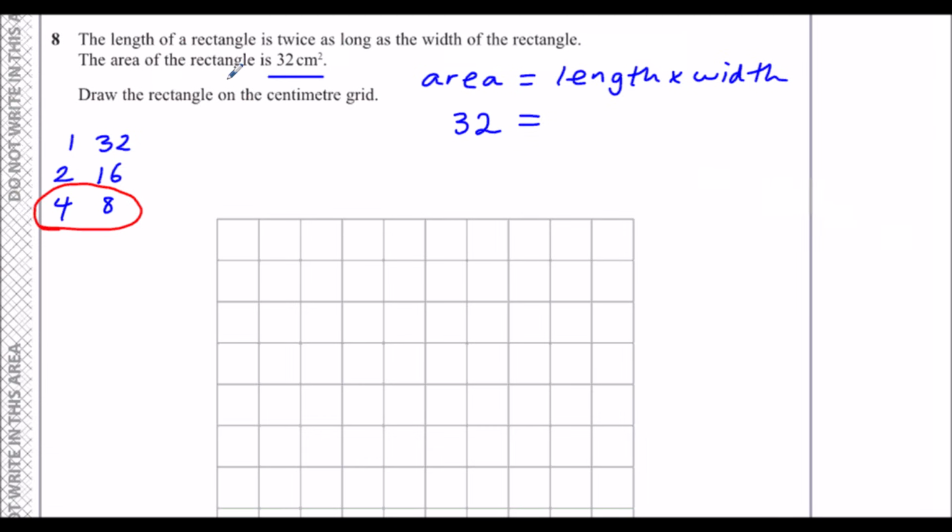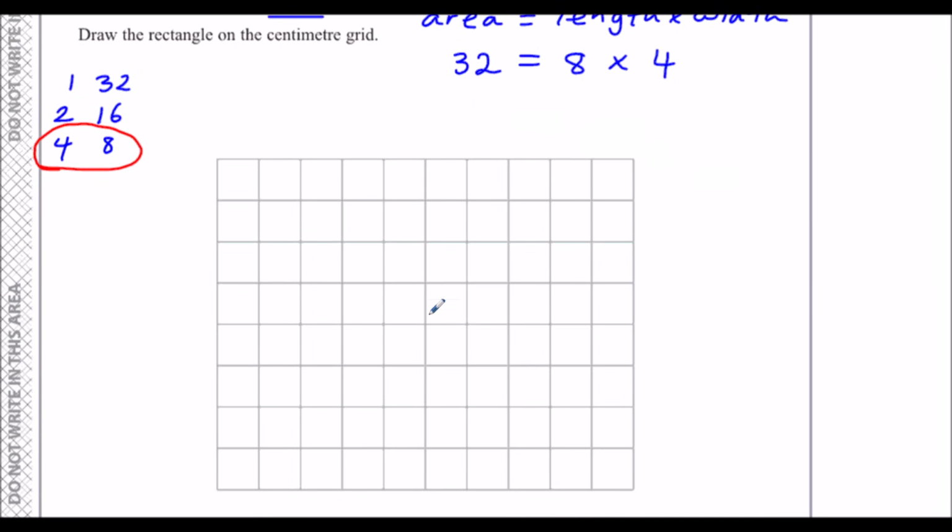It's going to have a length of 8 and a width of 4. So we need to draw a rectangle 8 along and 4 up, or 8 up and 4 along. So an 8 by 4 rectangle, and we'll just draw it on the grid.